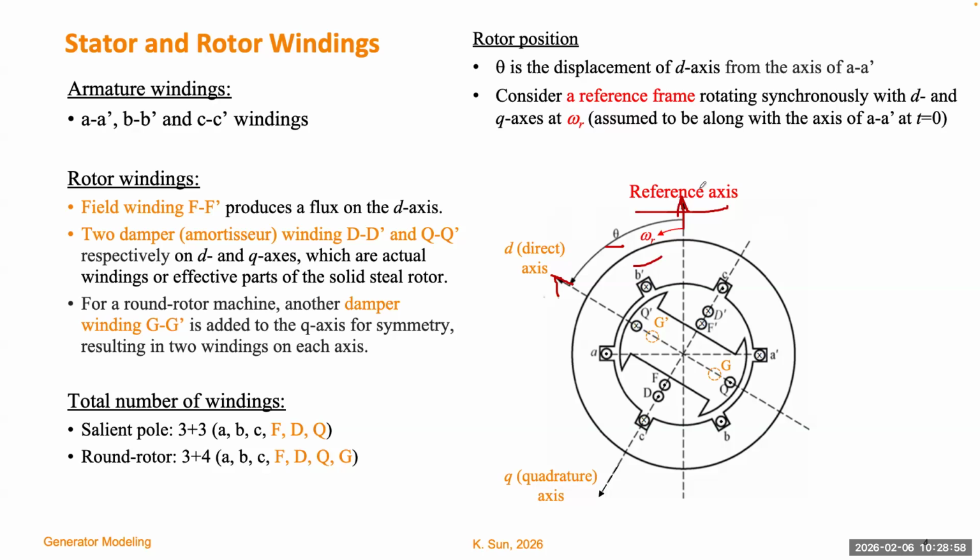Why do we need to define this reference frame? Because we assume all generators operate at around 60 Hertz, very closely at the same speed. So we can assume a common reference, which operates exactly at 60 Hertz, right? Even if some generators are faster, some slower, the angle separation from that common reference can be controlled.